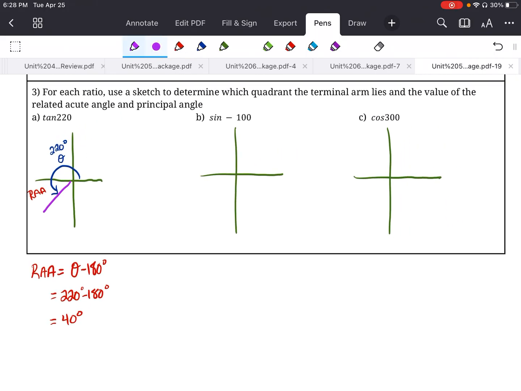Okay, in this next one, it's saying go minus 100. So that is the negative, and we're counting clockwise. So we start at 0, 100 degrees is right there.